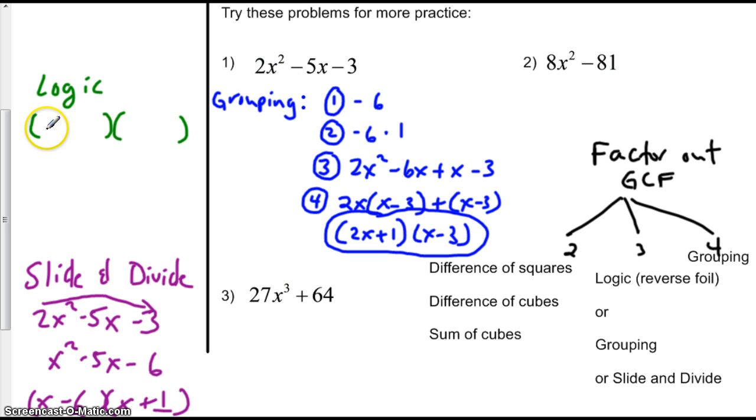And the only way you could would be 2x times x. Then you have your -3, and you have to think about, for -3, where would you place? It could be -3 and +1, or +3 and -1.